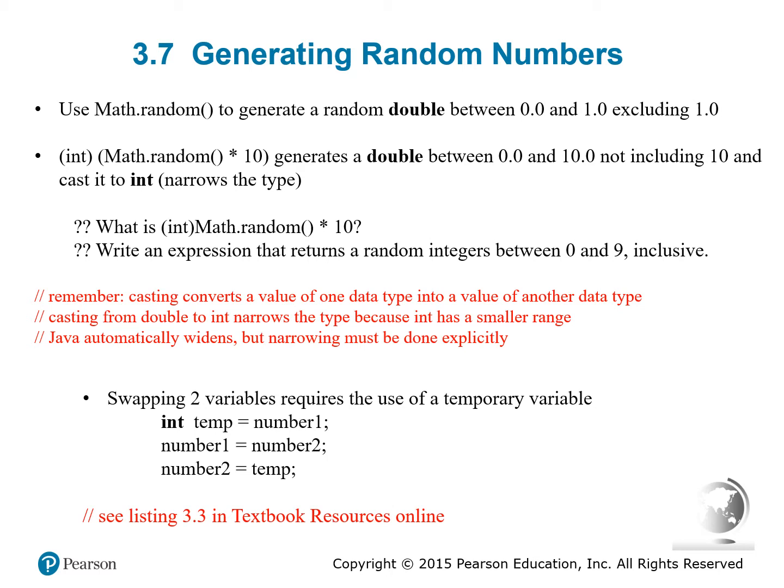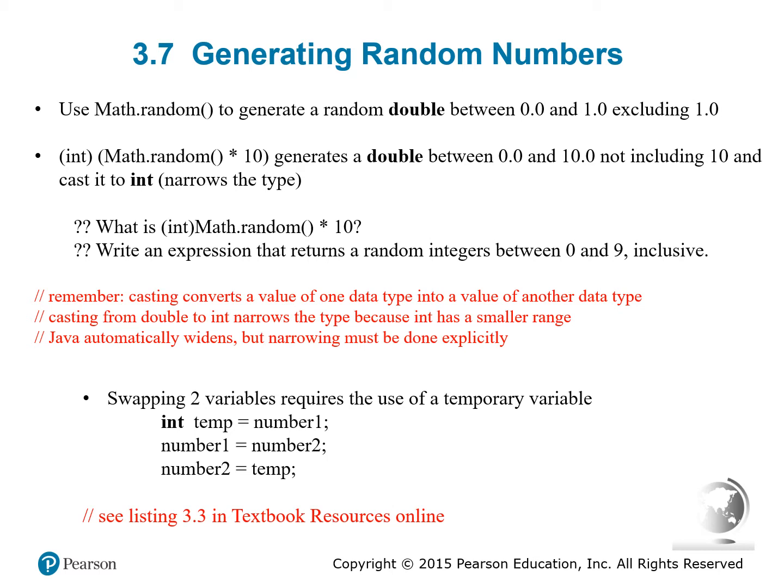Recall from your textbook resources, Listing 3.3, in order to swap the value of two variables, we need to introduce a temporary variable. Consider the example on the slide. We want to swap the value of number1 with the value of number2.